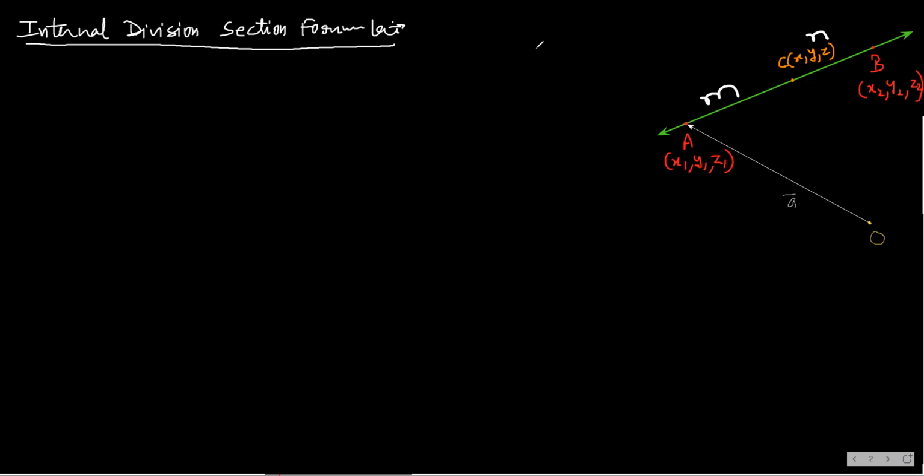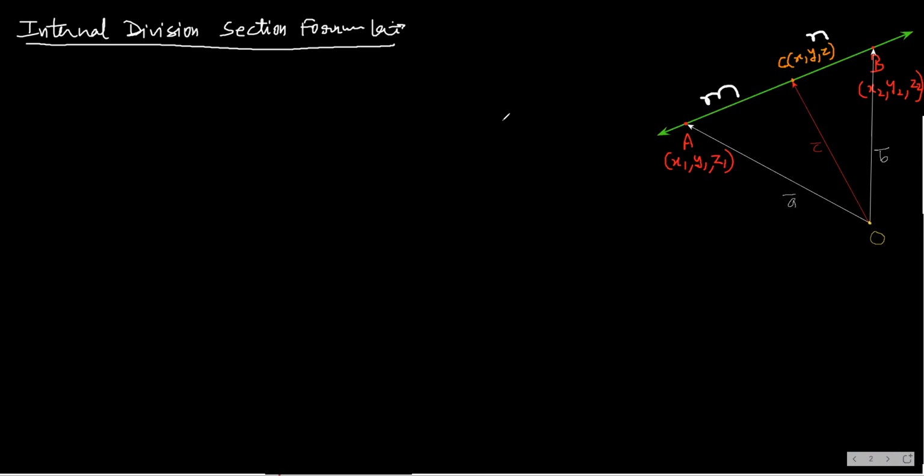Similarly, I have another vector, B bar. It gives me the position of point B with respect to O. And here I have the vector C bar, the position of point C with respect to O.